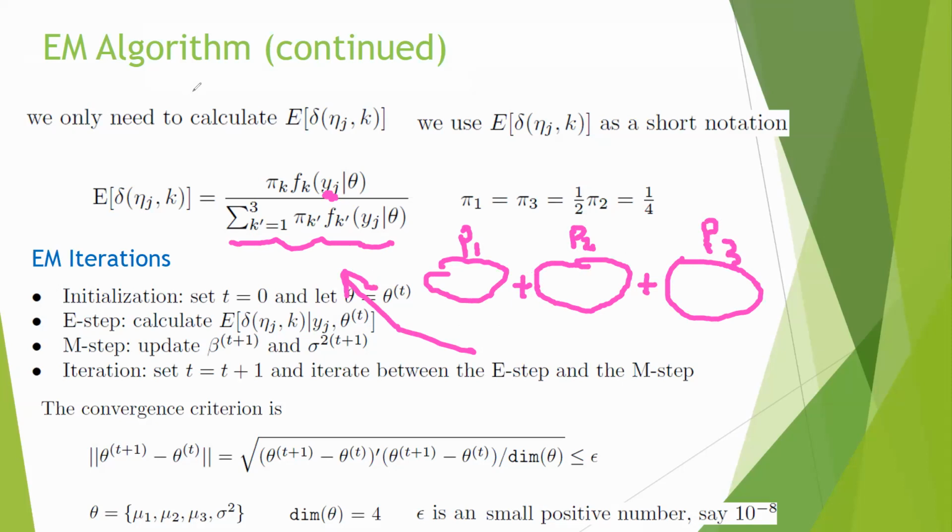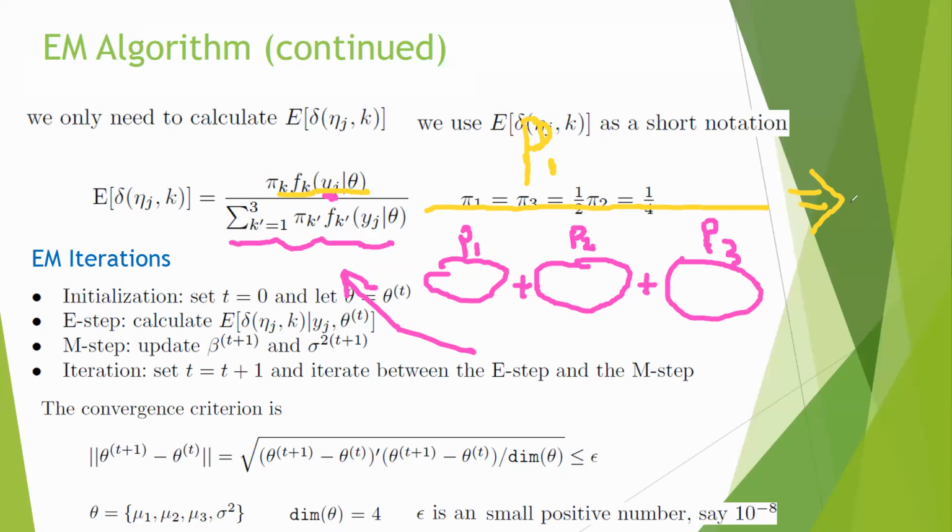Now let's look at the numerator. The numerator is just the probability from any one category, let's say 1. The ratio gives you the posterior probability, the expectation, of how likely this individual comes from this group.